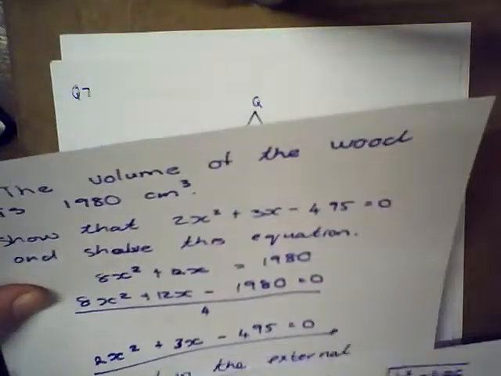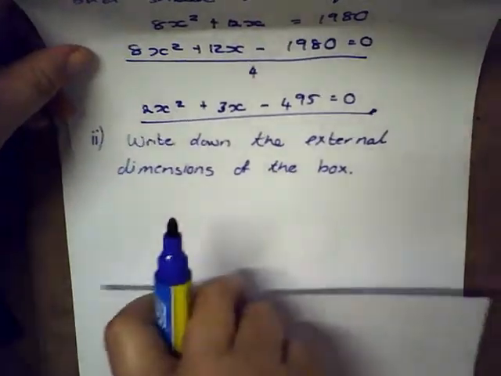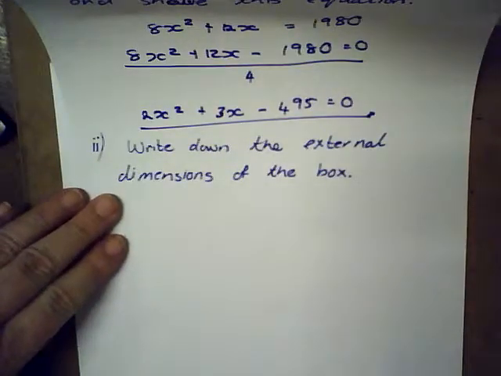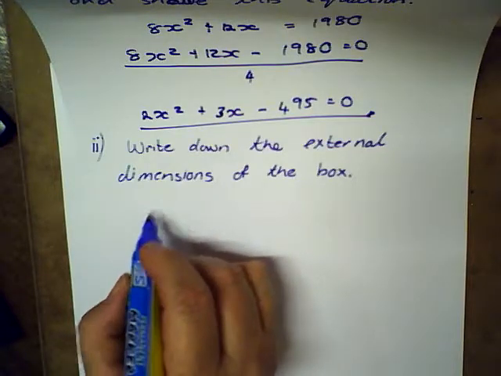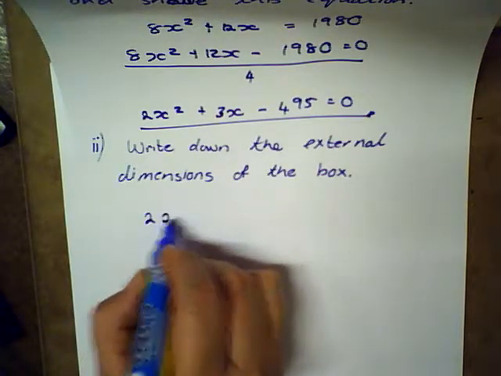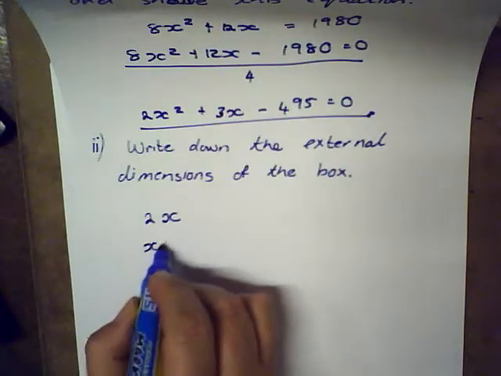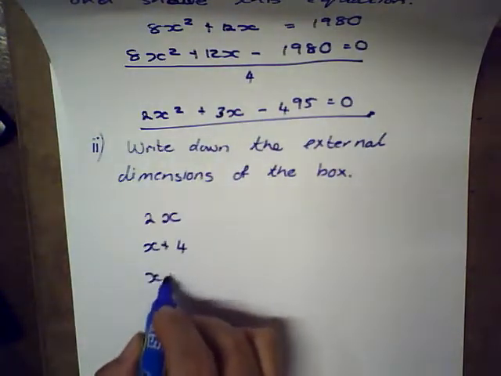Okay, good. So then they ask us, write down the external dimensions of the box. So we do know that x is now 15, so the external dimensions were 2x, x plus 4 and x plus 1.